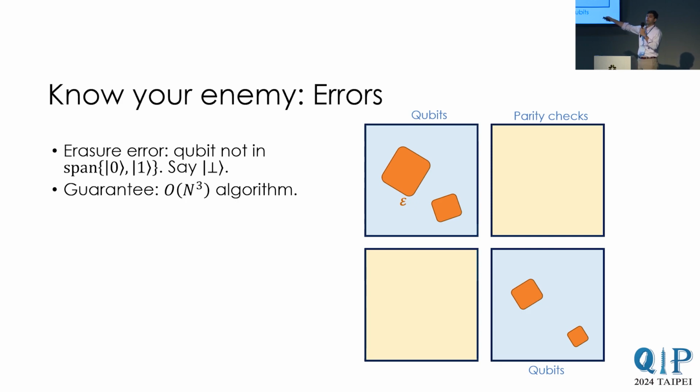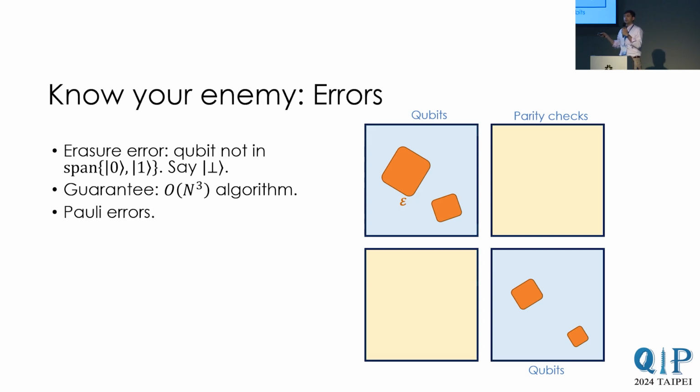Instead, it's escaped, perhaps it's leaked, and we denote this using a special symbol, perp. And erasures are great because we can locate exactly where they've happened. We can perform a measurement using a POVM to project onto this two-level space or not. And if not, we know exactly where they've happened. And because of this, it's easy to correct. We can always guarantee that there exists a polynomial time algorithm to decode against erasure type errors.